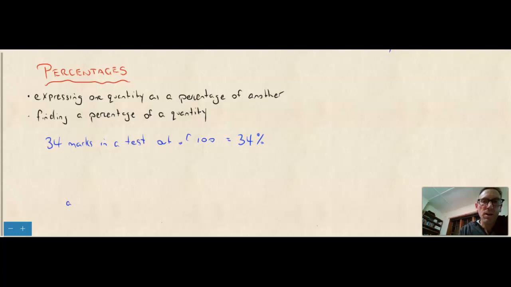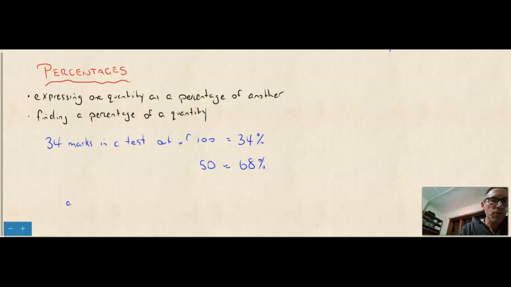But if I said, no, actually 34 marks was out of 50, now you can smile a little bit because you're up above 50%. You're on 68%. 34 marks out of 50. So converting one quantity as a percentage of another is a good thing to be able to do. It's an important thing to be able to do.